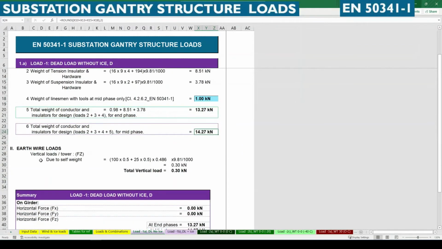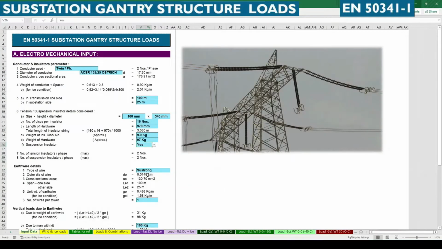Similarly for the earth wire load, we need to find out the vertical load considering the self weight. Here we need to consider the entire span of 100 meters and 25 meters respectively, with the weight of 0.486 kg per meter, which we had found out here.